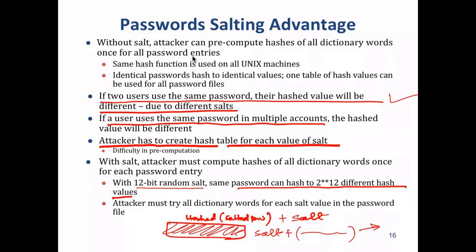However, if these two are different, for example if you are using the same password in multiple accounts, then this would be different. So now the hacker cannot do matching of these two and then reduce the work.